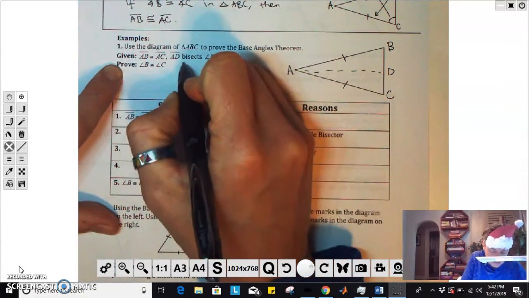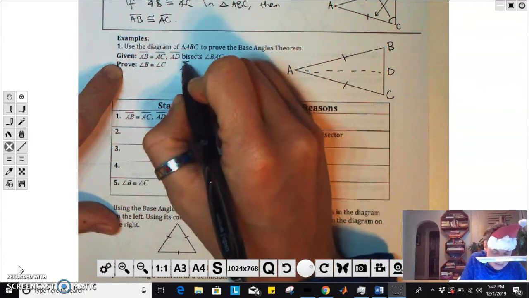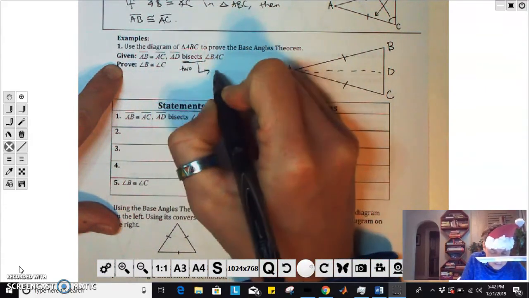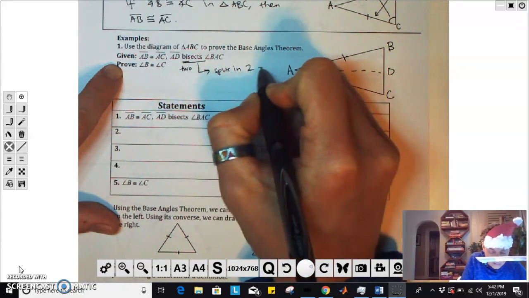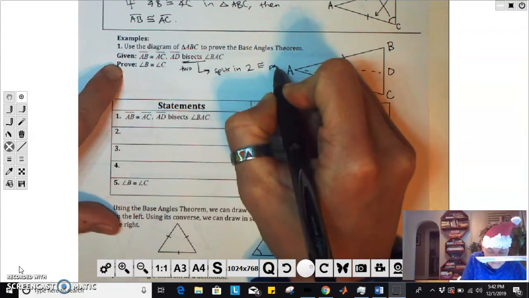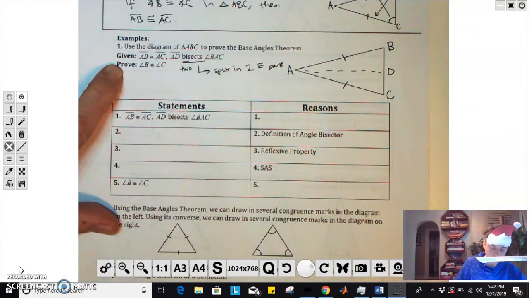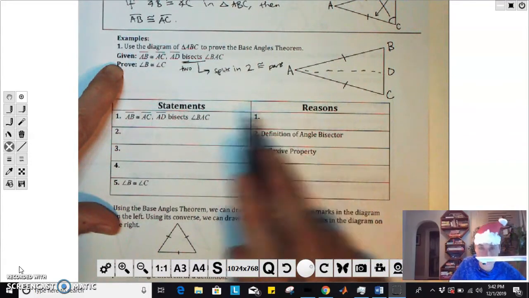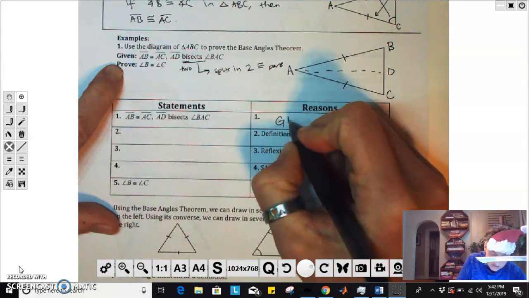What's bi mean? Two. So bisect means splits in two congruent parts. Those are our givens. So what's the reason for them being written down here? Because they're our givens. Duh. That's given, son.